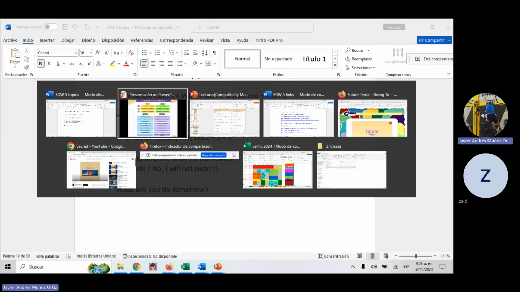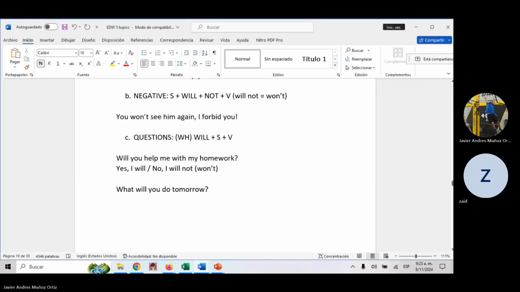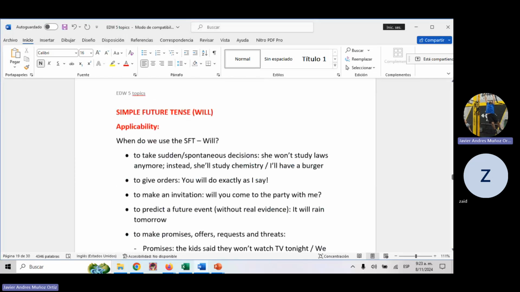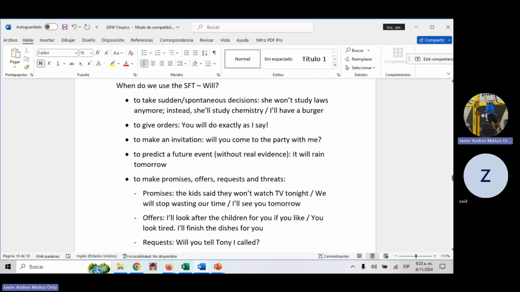Let's remember the reasons why we study future will. There are several reasons, but the most important are to make promises, to predict the future without evidence, I mean, taking into account just experience and opinions, and finally to make spontaneous decisions.